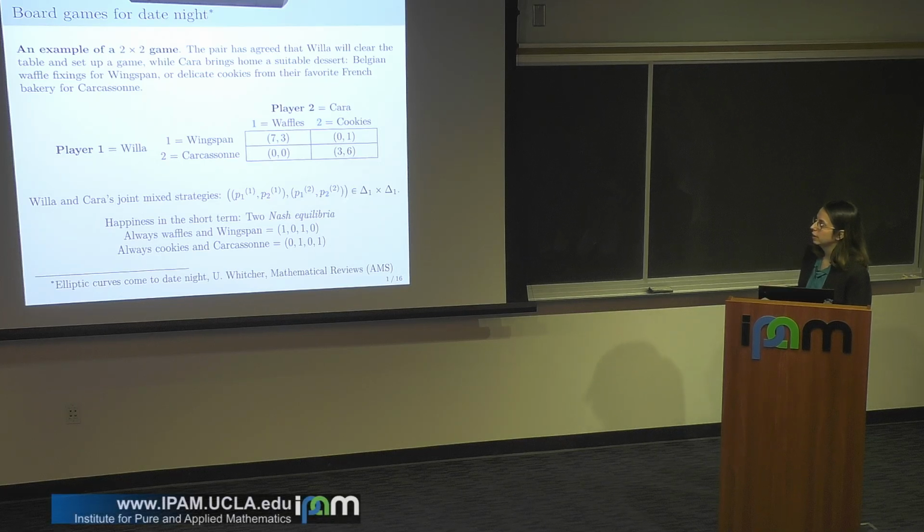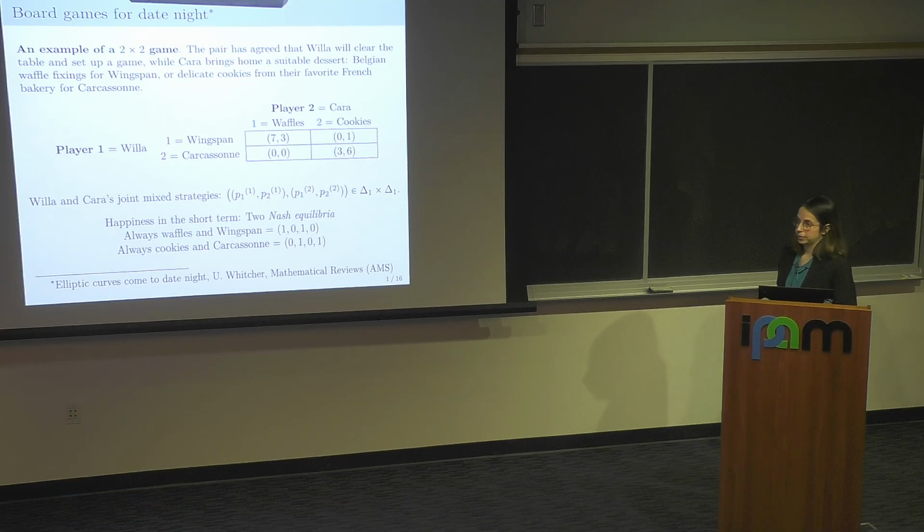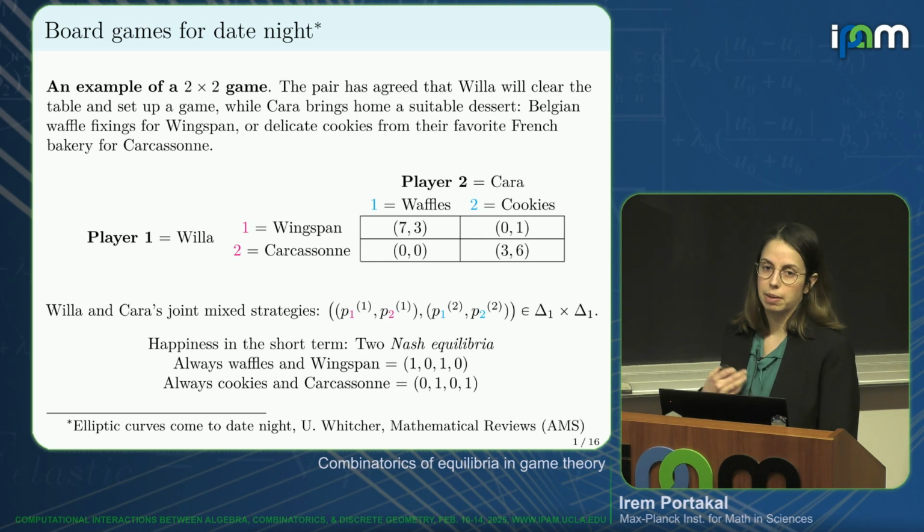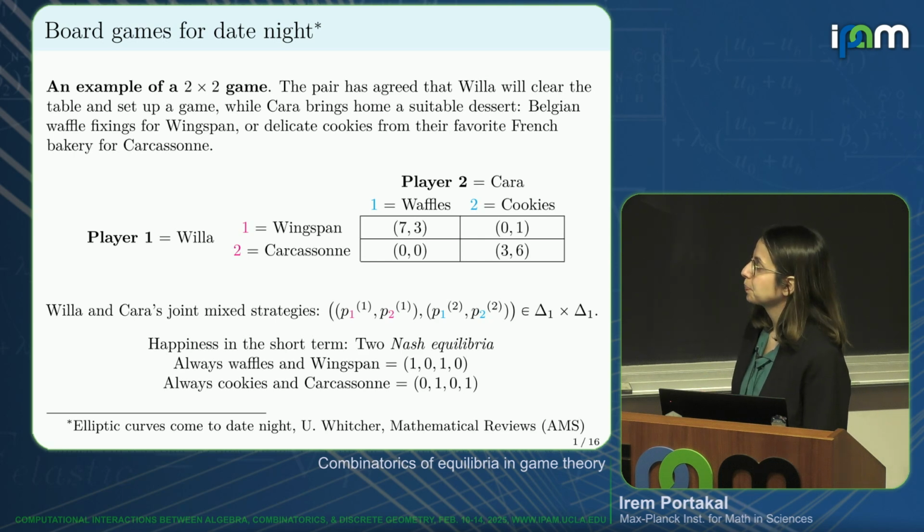Here we have a one-dimensional standard simplex for Villa and a one-dimensional standard simplex for Kara. In this talk, I'm going to call them probability simplices, because these are probabilities, or mixed strategies in game theory. These are going to be also my variables, and I'm going to work with them algebraically.